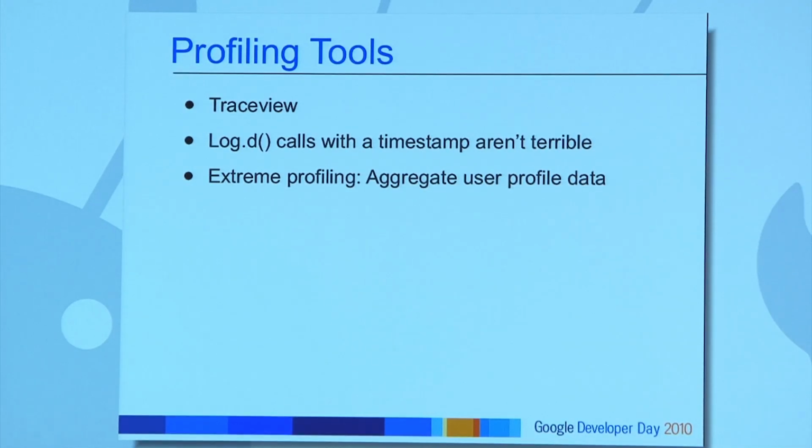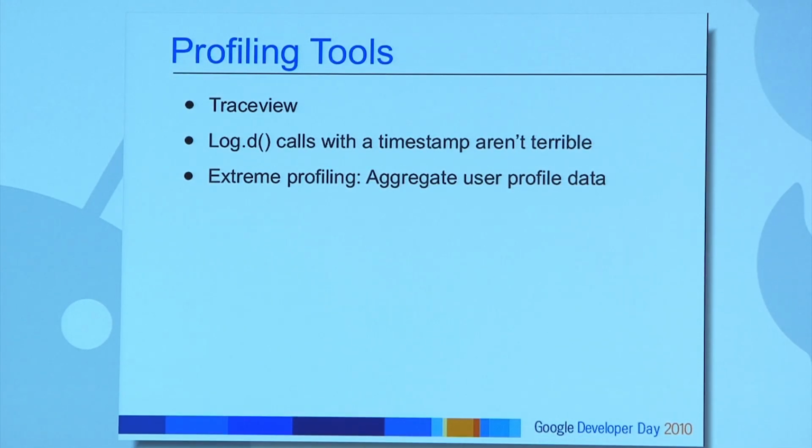In many cases, it might be easier to just put in some logging calls. So just say Log.d and then the timestamp, and I started saving the file. I ended saving the file. I started making the web contact. I finished making the web contact. So sometimes just a few little messages in the file will be sufficient to find out where your program is spending its time.